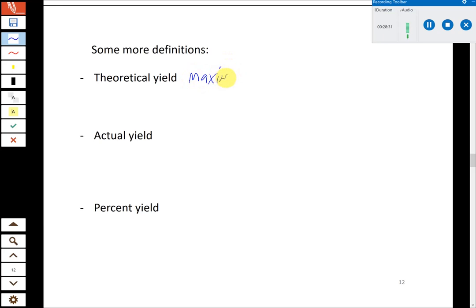So typically, when we're talking about yield, we're doing it in the context of 1 or more of the products. And the theoretical yield is the maximum amount of a product that can form if all of the limiting reactant is consumed.